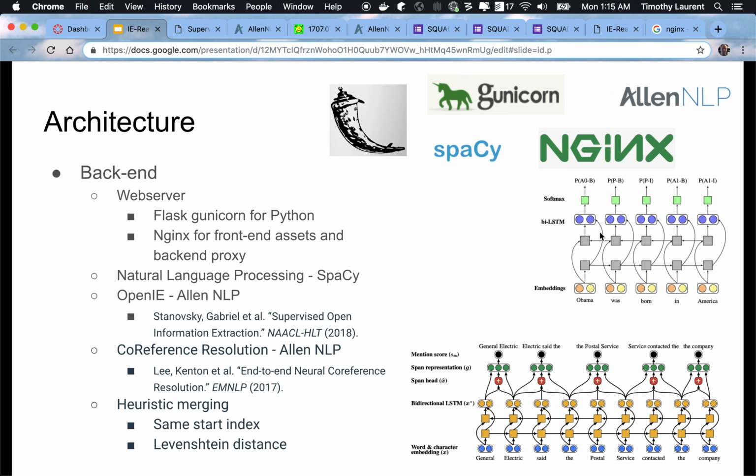Feeds those into a bidirectional LSTM model, a long short-term memory recurrent neural network, and then predicts the probability of each token being the beginning of the verb, or of each argument of a subject verb predicate argument.